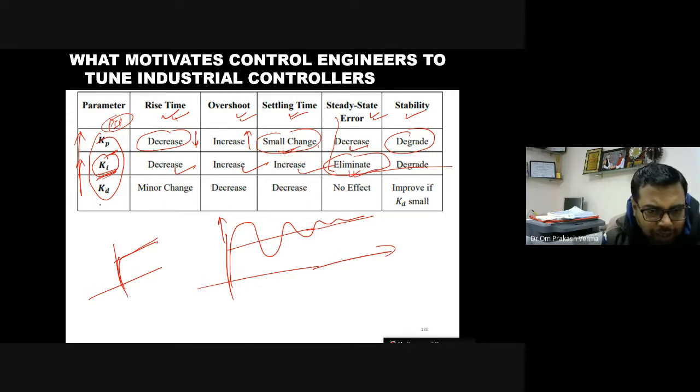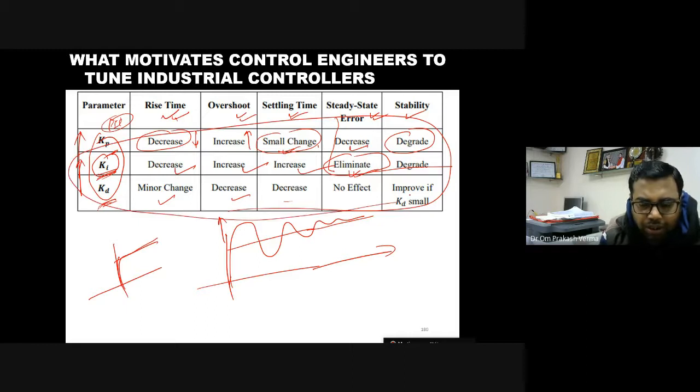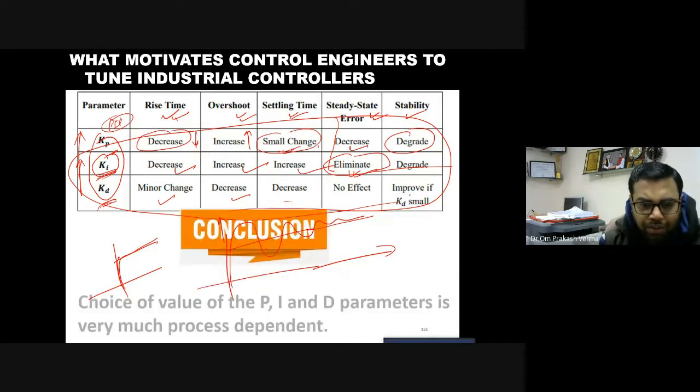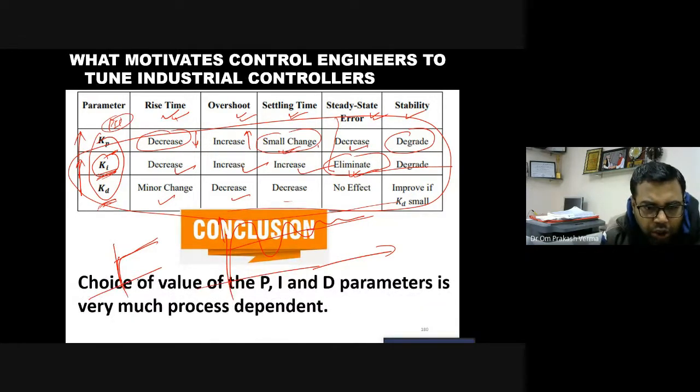And in a similar way, this is for the derivative controller constant. You can observe all these values by increasing or decreasing the Kp, Ki, Kd values. So the choice of the PID values determines rise time, overshoot, settling time, steady state error, stability, all these control parameters.